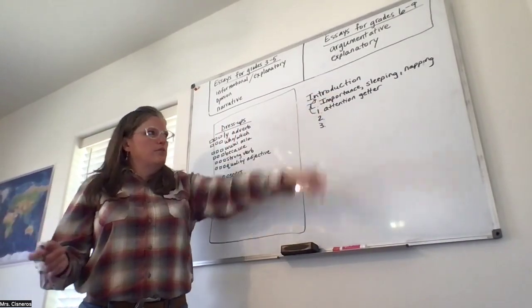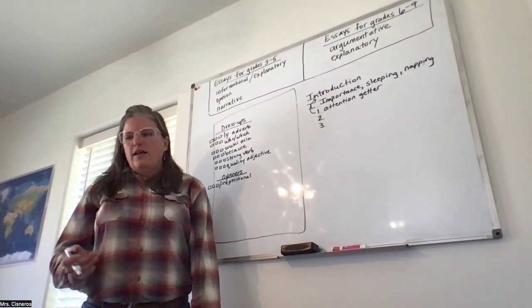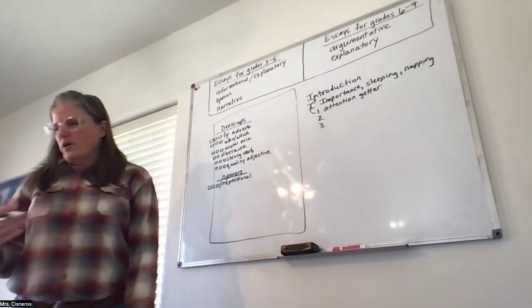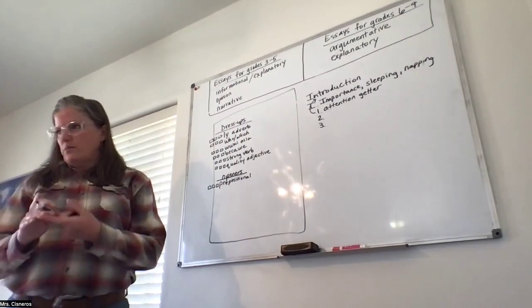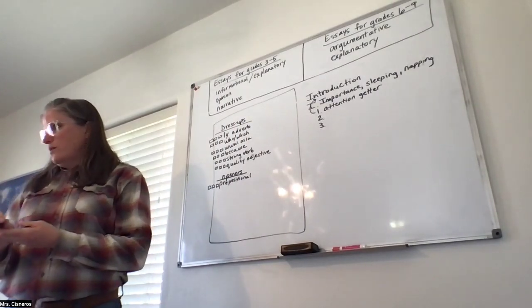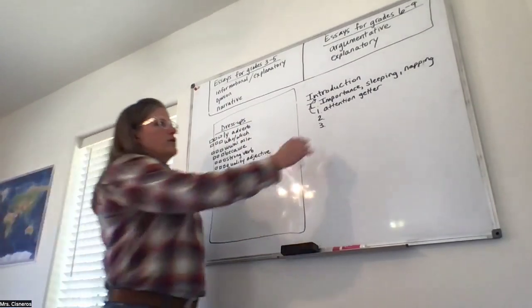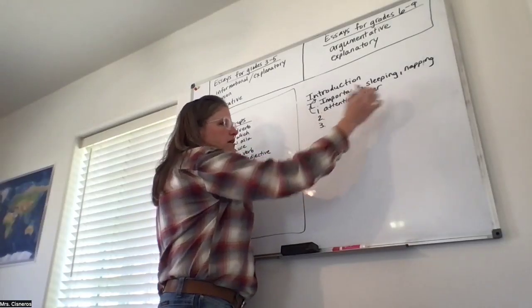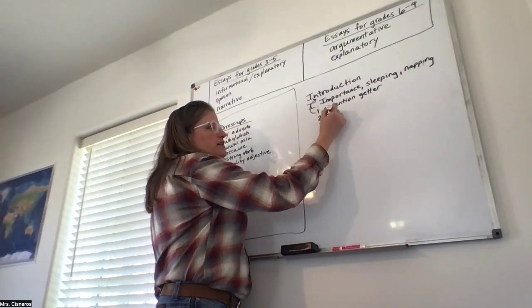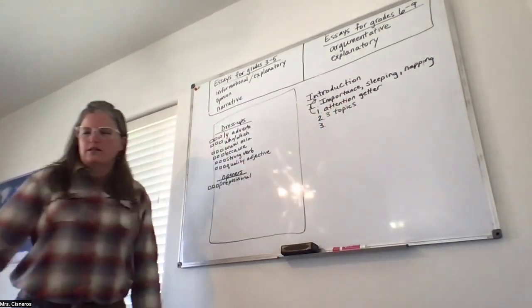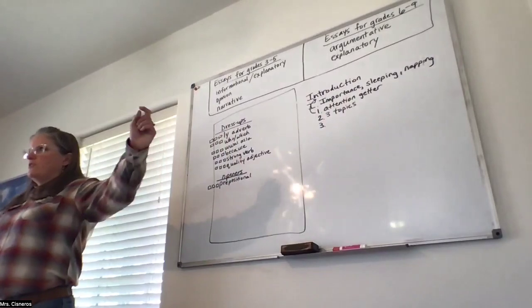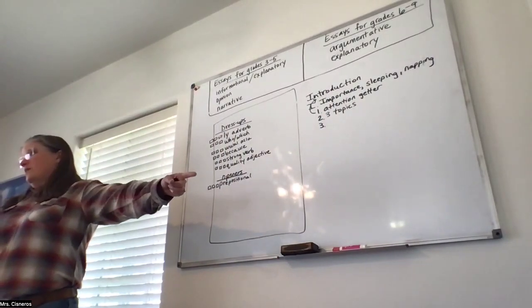Then you're going to go into the importance of sleeping and napping. And then you're going to list your 3 topics that you wrote about, which was sleeping, napping, and a doctor's opinion, right? So your 3 main topics here, go ahead and put next to number 2, 3 topics. That's where you're going to list your topics. So you might start your introduction with, are you getting enough sleep?